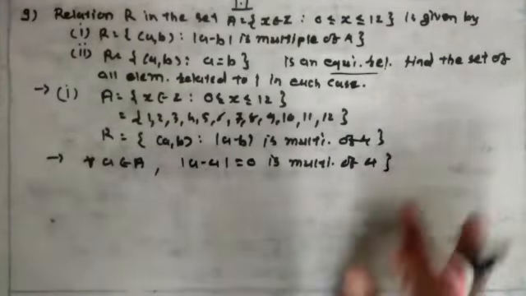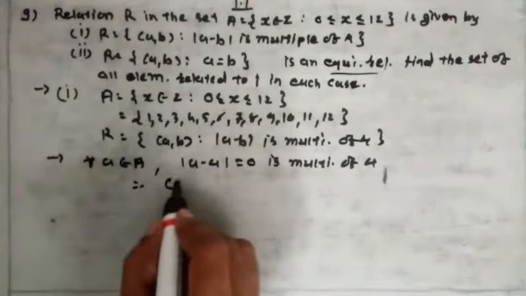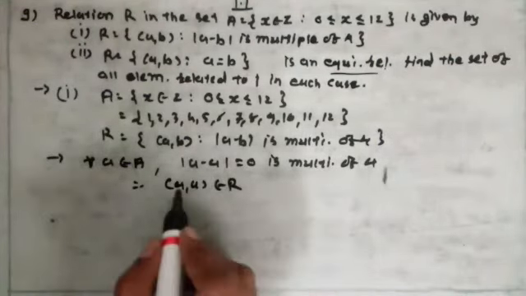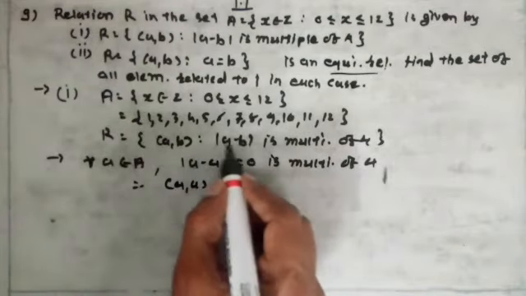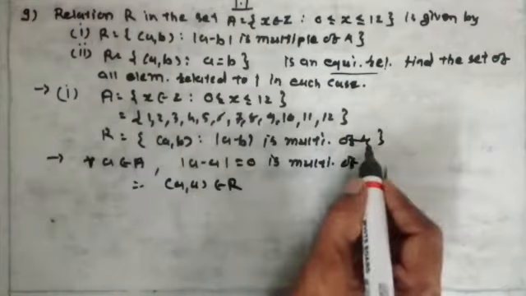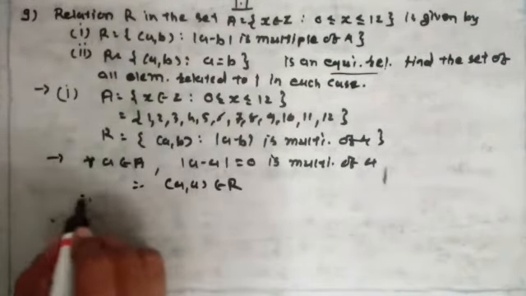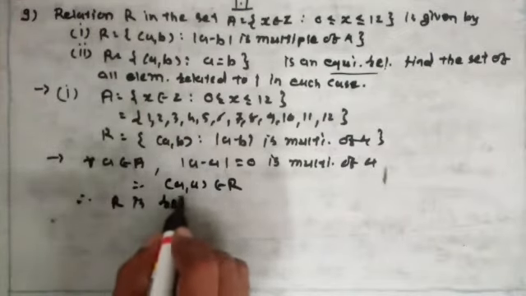Clear? Therefore, (a, a) belongs to R, because the ordered pair (a, a) satisfies the condition that |a − a| is a multiple of 4. So we say that R is reflexive. Clear this?